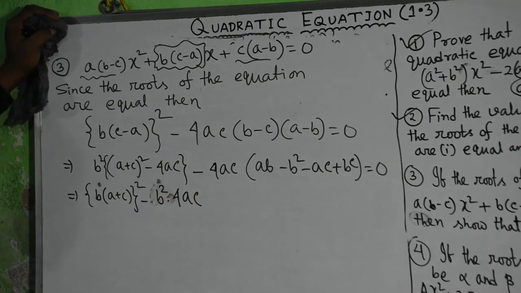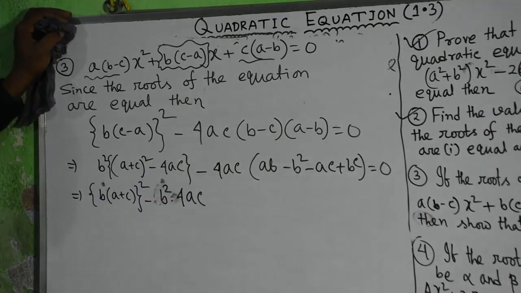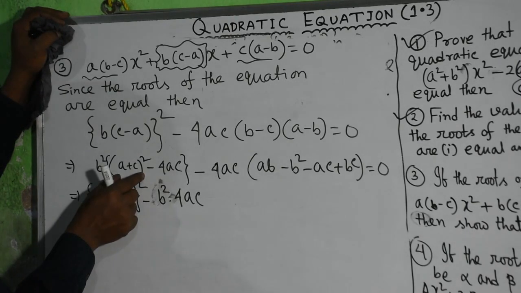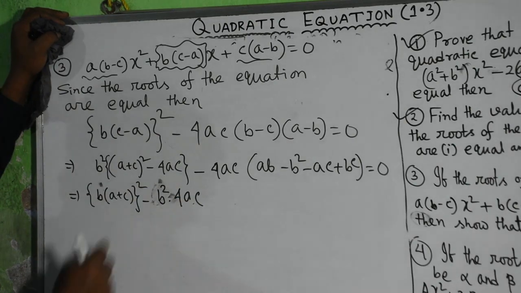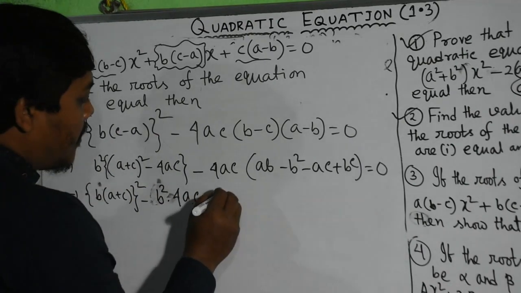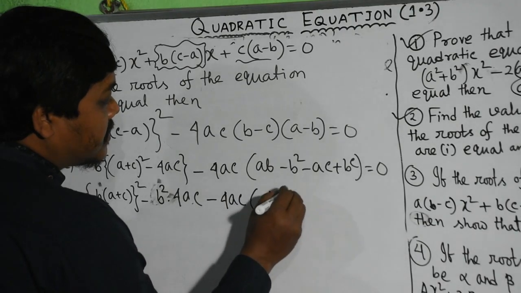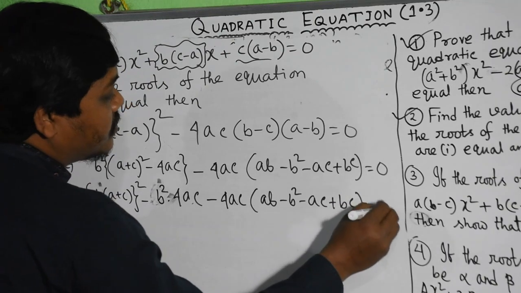Okay, previously I wrongly wrote it in square form. I erase this part. Okay, so if you multiply b square into a plus c whole square, that means b into a plus c whole square, minus 4ac into ab minus b square minus ac plus bc equals to 0.